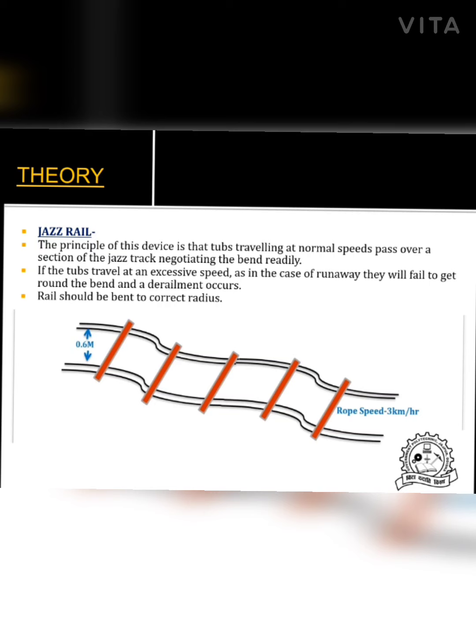When the tops travel at an excessive speed, as in a runaway, they will fail to get round the Judge Track or the bend, and a derailment occurs. The rail should be bent to the correct radius, which should be 0.6 meter throughout the Judge Track only, and the haulage rope speed is a minimum of 3 km per hour.